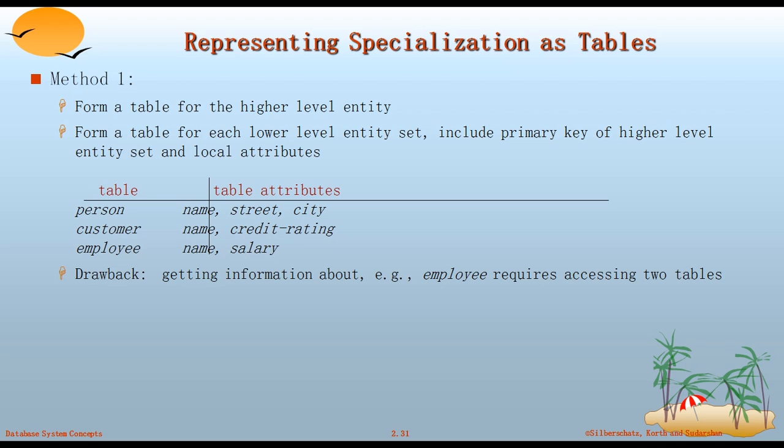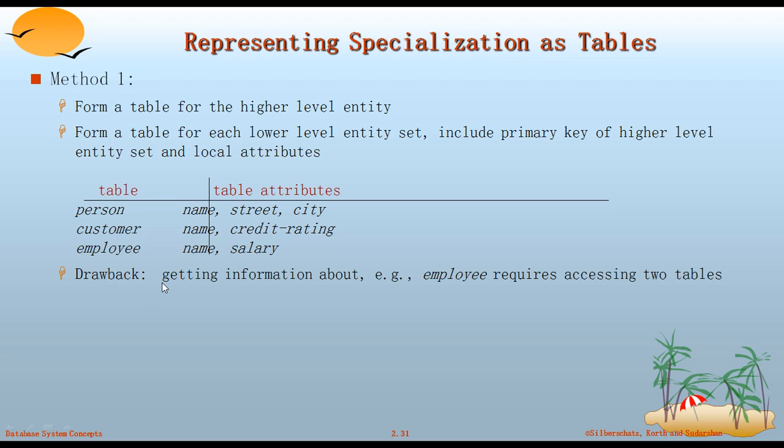We create one table person with name, street, city, where name acts as the primary key, and then a table for customer, the next level entity. The name is considered here as the primary key, and for employee the name is also considered as a primary key. So the common name acts as the primary key for all three tables.